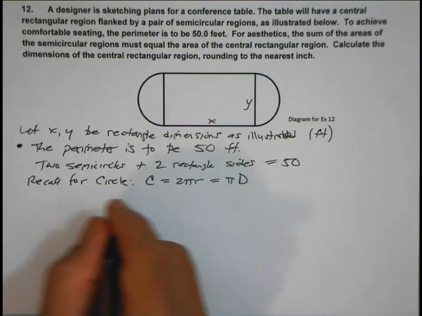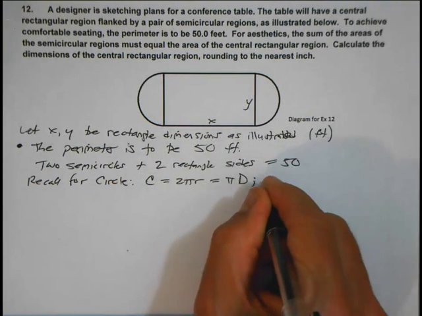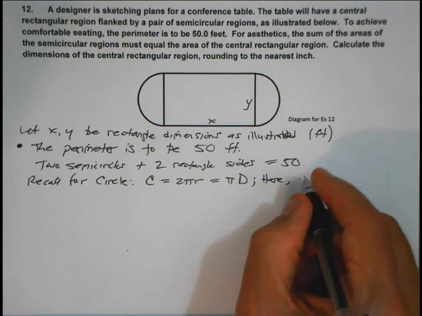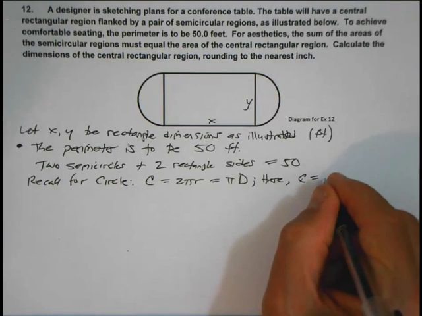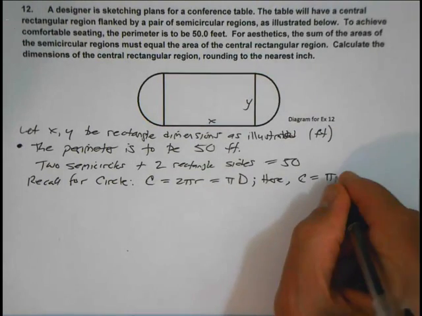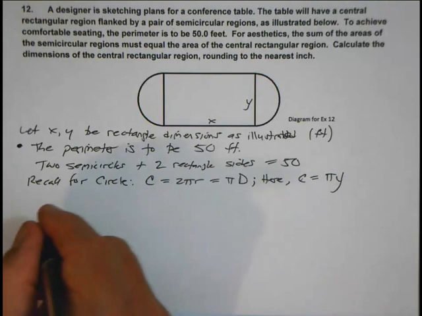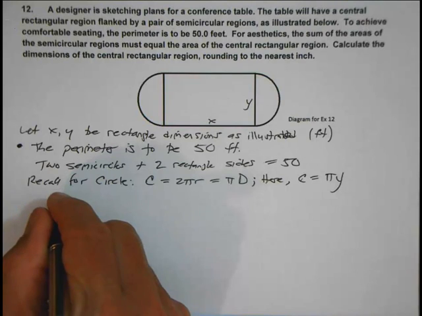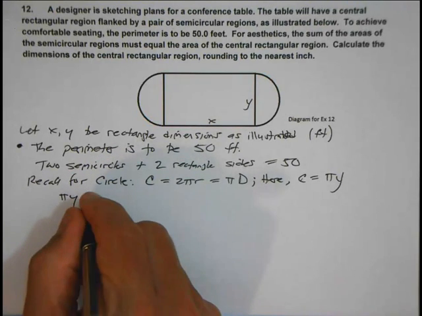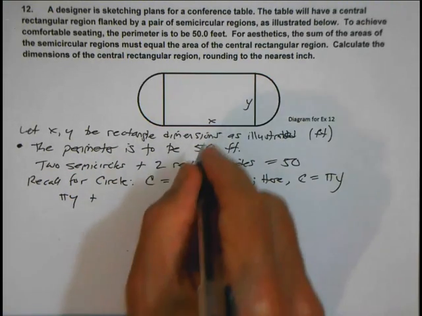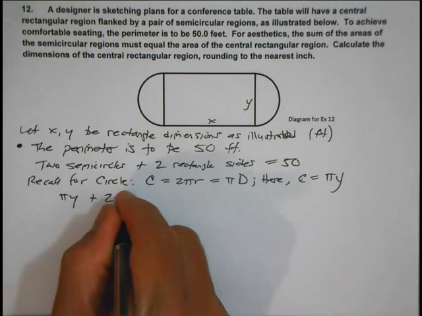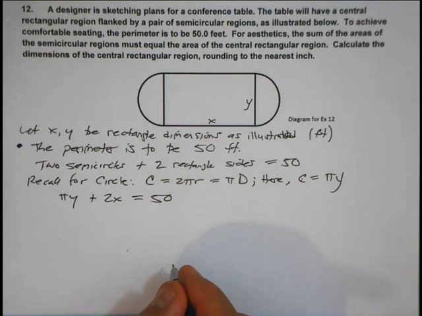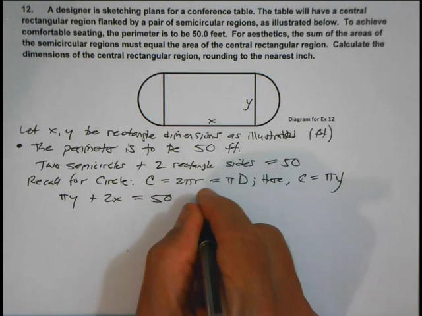In that case, here the circumference would equal pi times y. So this allows us to write this as pi y plus x and x, 2x, is equal to 50. Alright, here's our equation 1.